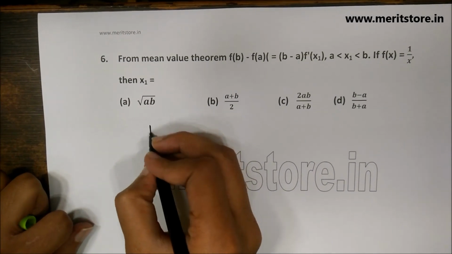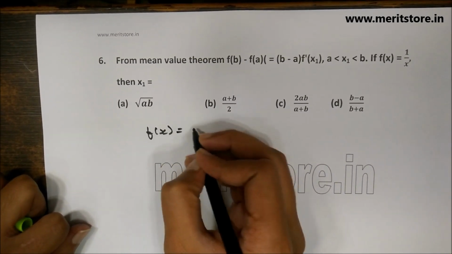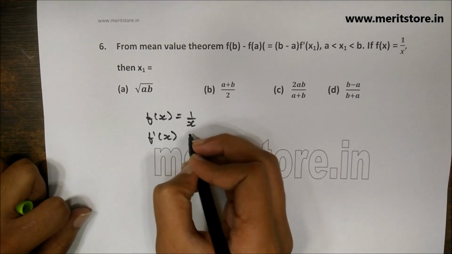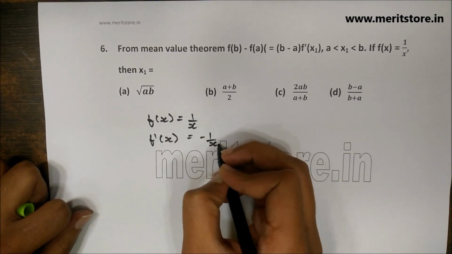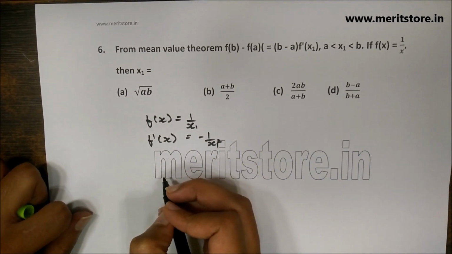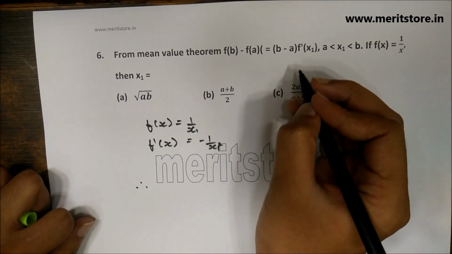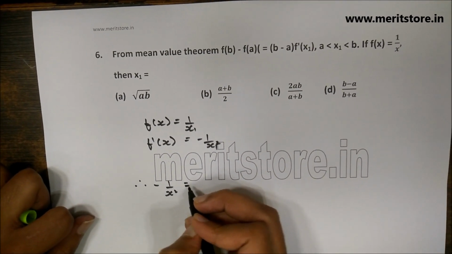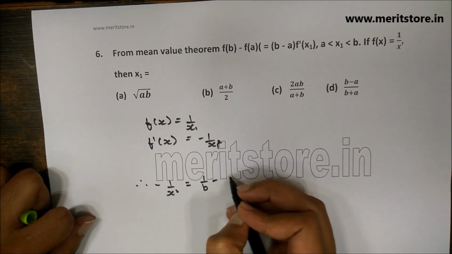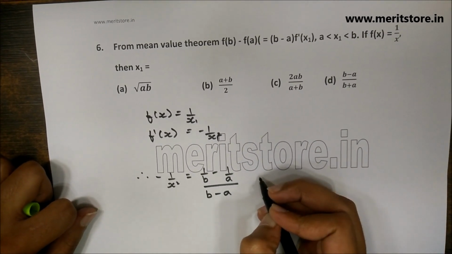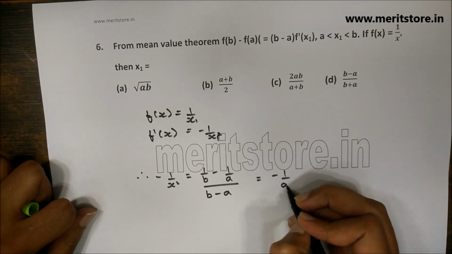So the function is f of x is equal to 1 upon x. By differentiating this, we get minus 1 upon x square. Putting this in the given formula, minus 1 upon x square is equal to 1 upon b minus 1 upon a divided by b minus a, which we get as minus 1 upon ab.